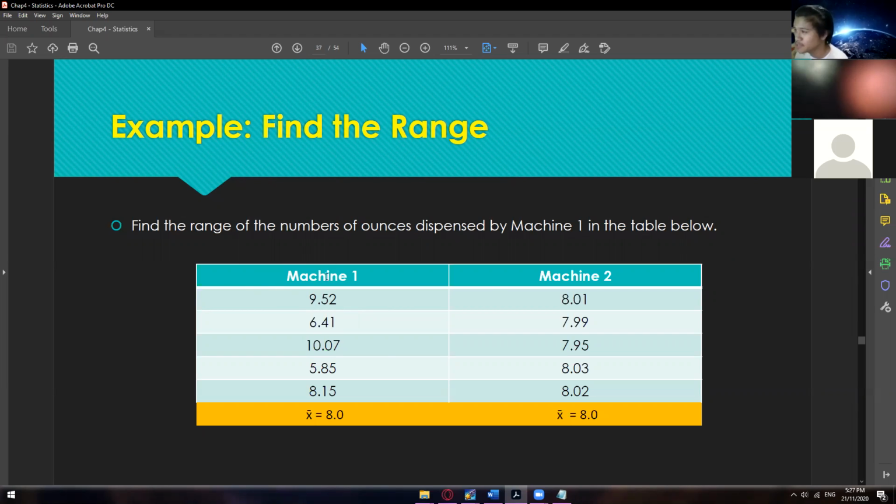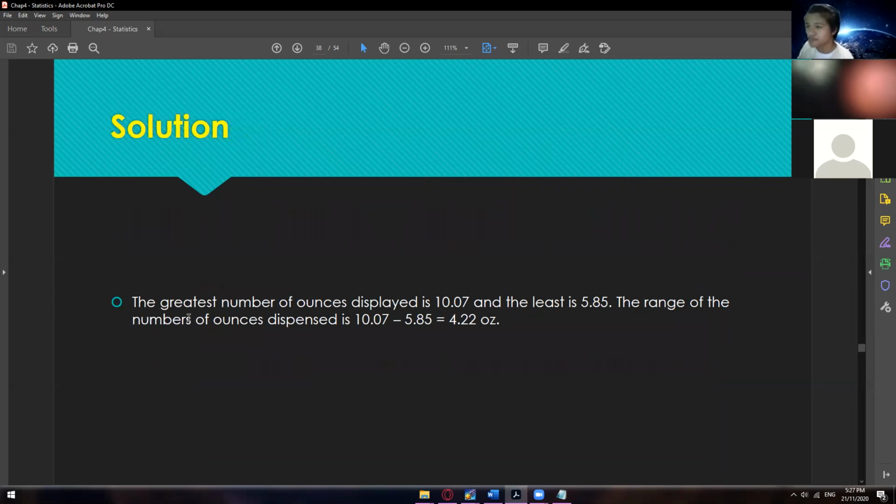So going back to machine 1 and machine 2. We have the same data, and the greatest number of ounces dispensed is 10.07 and the least is 5.85. So the range of numbers of ounces dispensed is 10.07 minus 5.85, which is equal to 4.22 ounces. So it's like the margin of error of the machine itself.